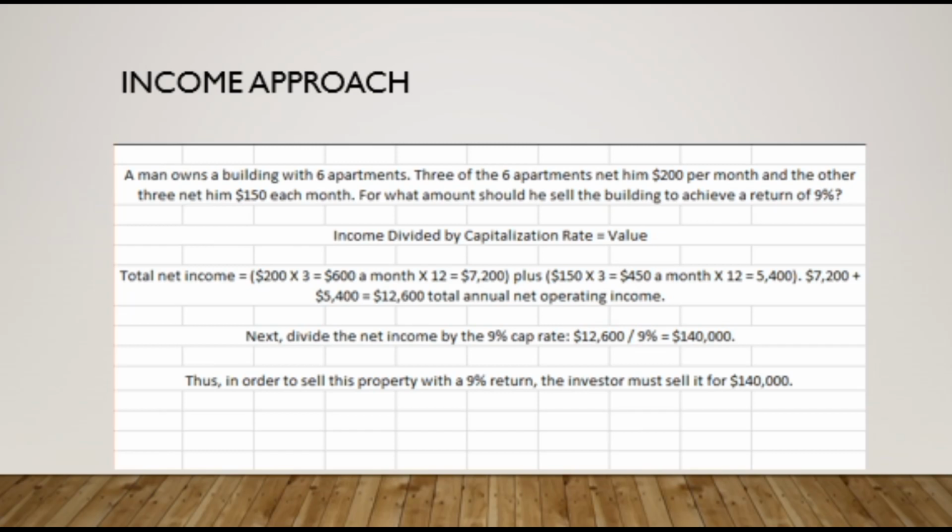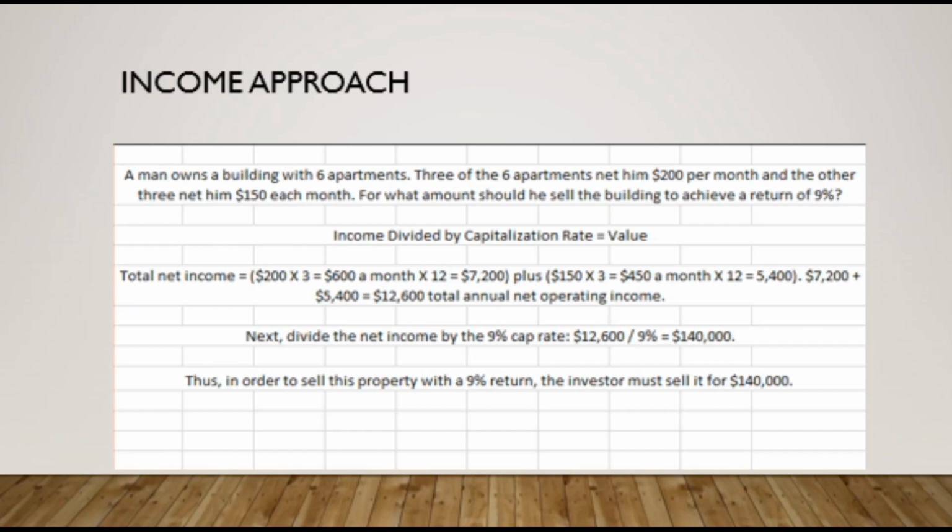So we take our total net income. The net income equals 200 times 3, because he received 200 per month for 3 of the apartments. So 200 times 3 equals 600 a month, times 12, which equals 7,200 a year. Plus the other 3 apartments that netted him 150 per month.